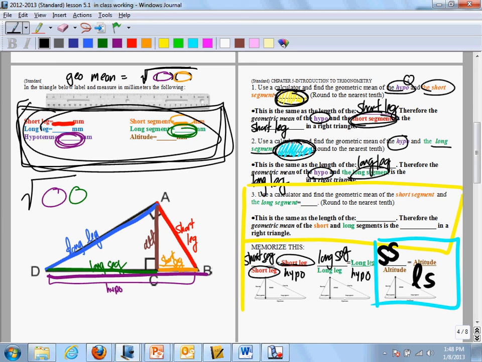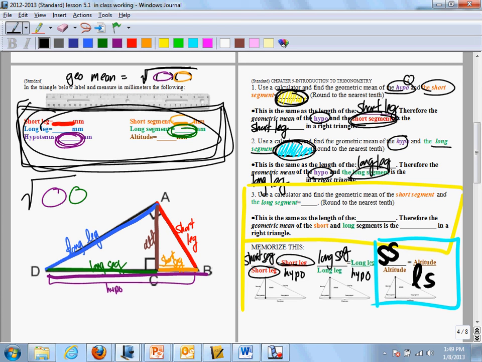Okay, so here we took the short segment and the hypo. We multiplied them to the square root. We got the geometric mean. We only have a short leg. So the geometric mean between the short segment and the hypo. Okay, so it's like this.